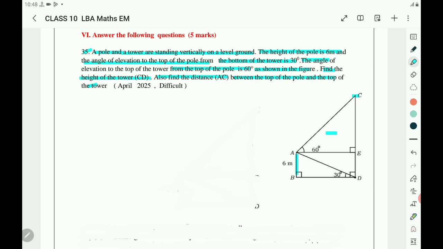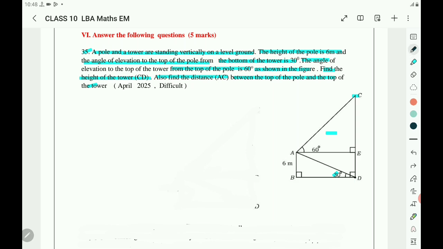In the right angle triangle ABD, which trigonometric ratio we have to use for this 30 degree? AB is the opposite side and the side BD is to be found out, that is the adjacent side. Which trigonometric ratio is having opposite side and adjacent side? That is tan theta.